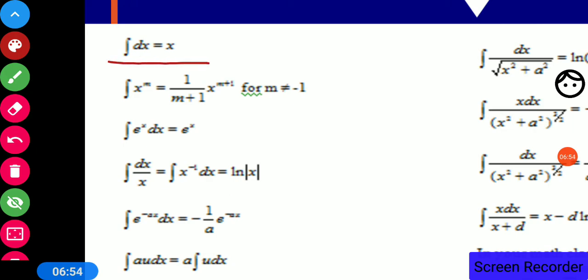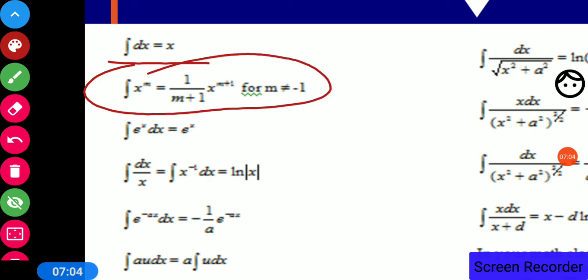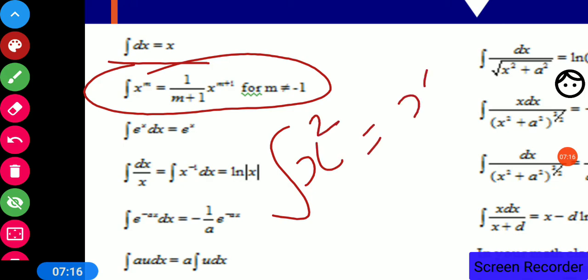The integration of dx, meaning integration with respect to x of 1, gives the result x. This is a very important formula used in physics. So integration of x raised to power m is 1 upon m plus 1 times x raised to power m plus 1. If you are integrating x square, then increase the power by 1, so 2 plus 1 is 3, and now divide by the power, that is 3.